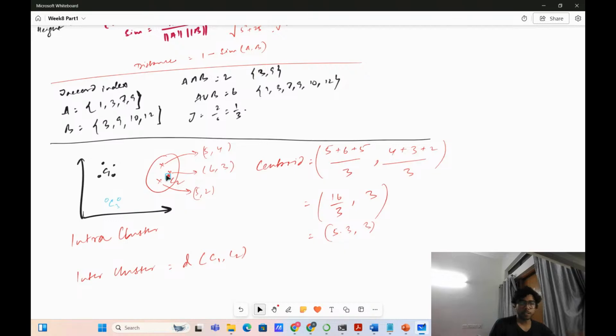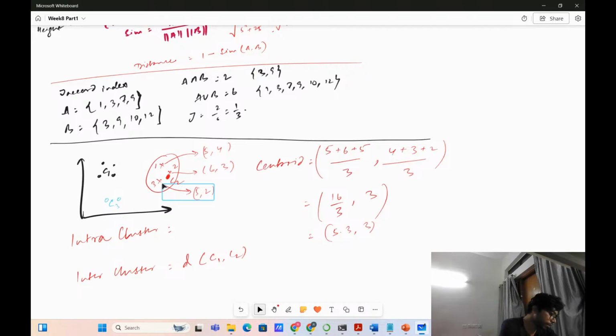Okay. Similarly, intracluster distance is basically the distance within a cluster. So let's say if you want to take the distance within this cluster, what you do is you take the distance of each of these individual points from the centroid. So for example, let's say these are 1, 2, 3. These are 3 points. Okay.